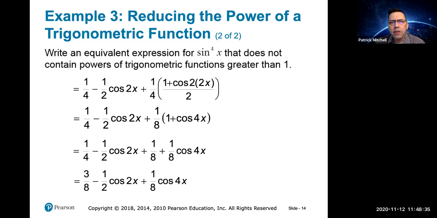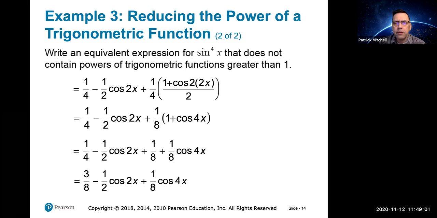This is similar to something that you're going to see in the next section. In the next section, we're going to talk about the product to sum formulas. And what this and the product to sum formulas have in common is that they are used to rewrite an expression in mostly calculus 2 that will make a certain kind of problem called integration easier to do.